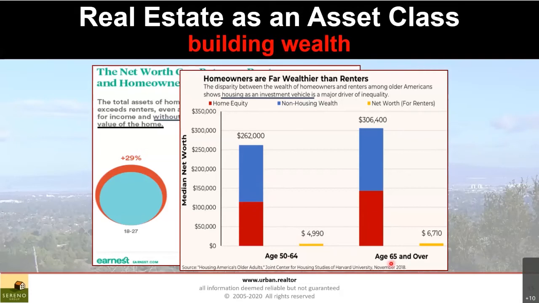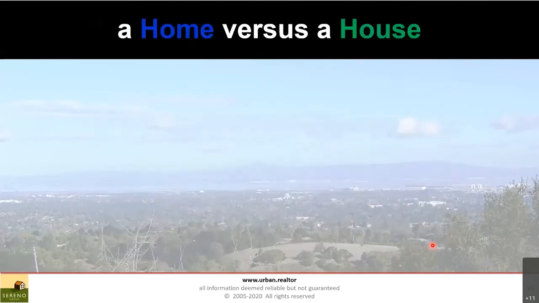If we go to the age of 65 and above, the gap is even larger, and we see an increase in the home equity as well as other asset classes, while the net worth of renters is a miserable, unfortunate, less than $10,000. I don't know exactly all the circumstances where people are renters versus homeowners, but nevertheless, these are the facts as we can see them.